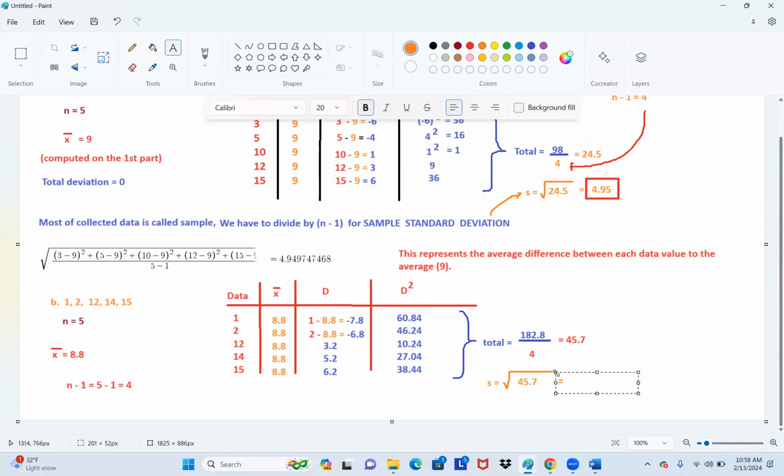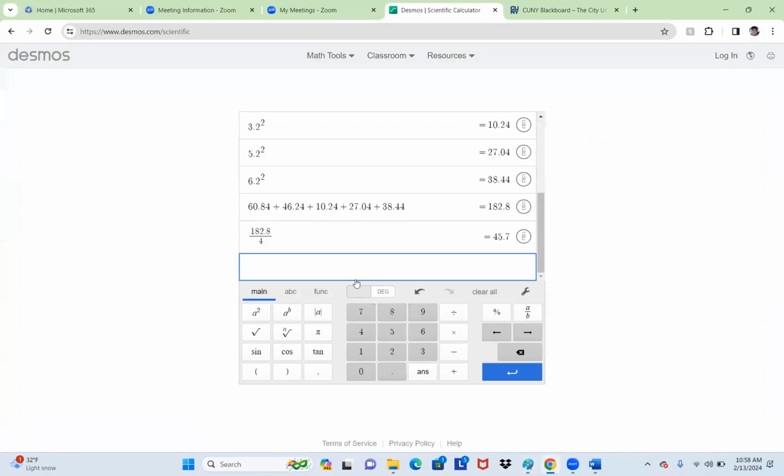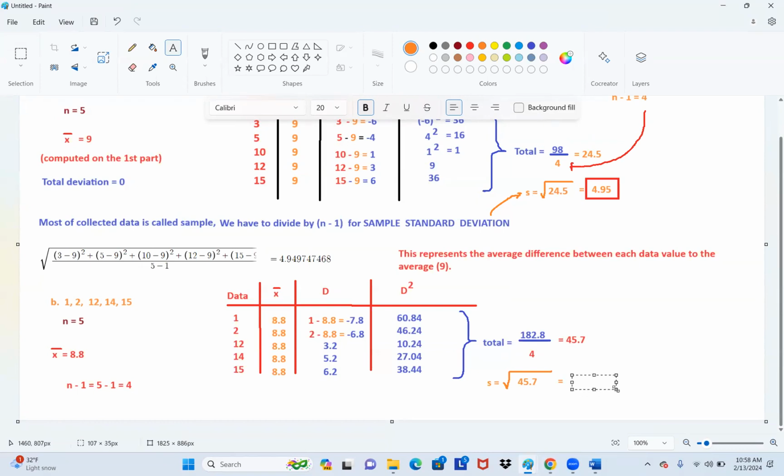We have to do it on a calculator, of course. So we have the answer 6.76. Any question, any concern?